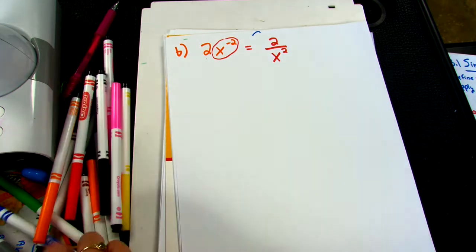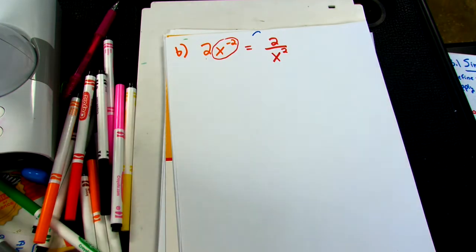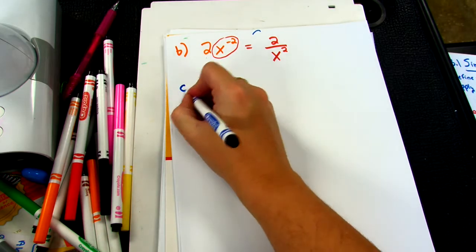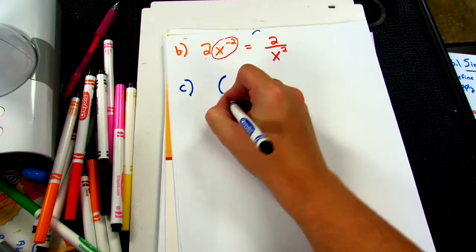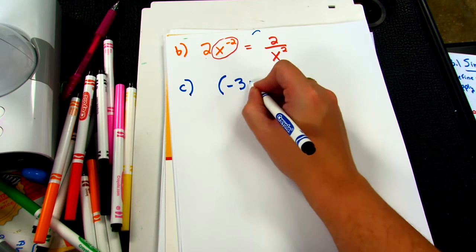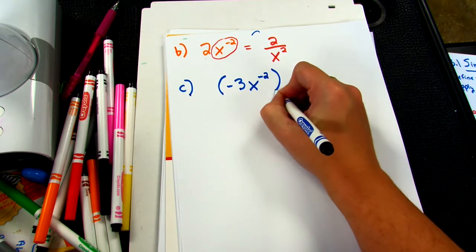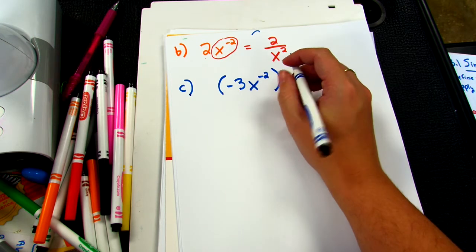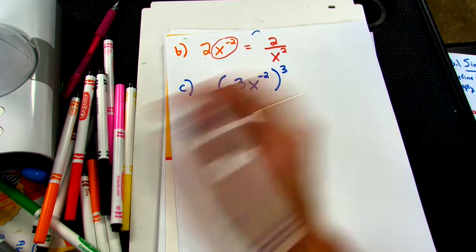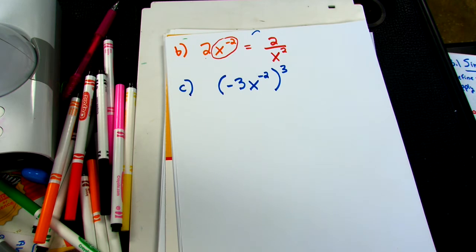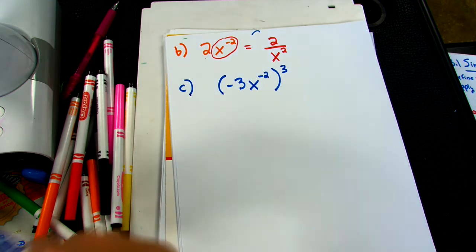Okay. So let's do another example. This one we have negative 3 x to the negative 2, and then to the 3rd power. Okay, so for this one we have to distribute the 3rd power.